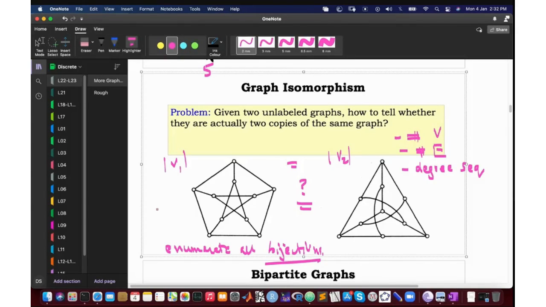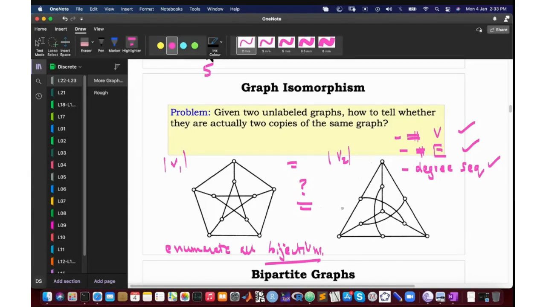As I told you, it's possible that there are two graphs with the same set of vertices, with the same number of edges, with the same degree sequence, and it's still possible that they are not isomorphic. So that's not enough information. You will have to check all possible bijections.